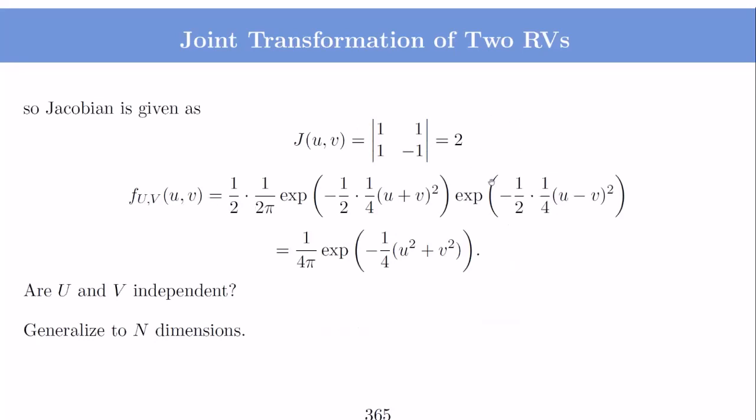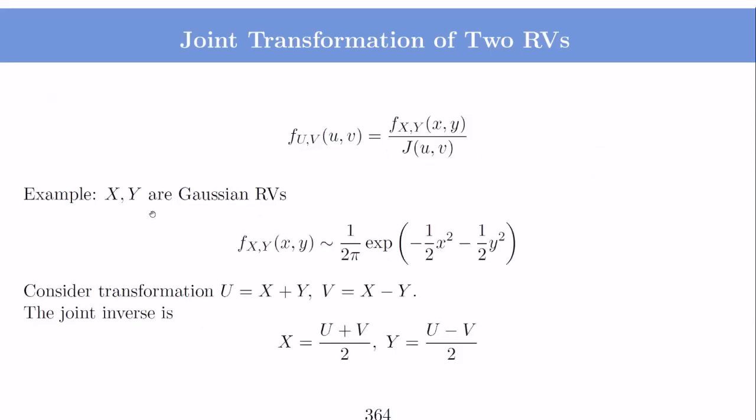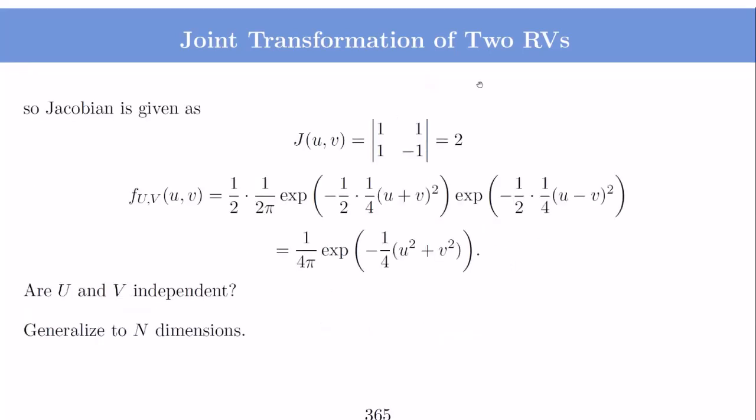So here it is independent of u and v, but it can also come as a function of u and v for other transformations. So if I put that back in this formula, the PDF evaluated at x and y, where x is given as u plus v by 2 and y is given as u minus v by 2, and the Jacobian, which is not a function of u and v here, so this will be just 1 by 2.